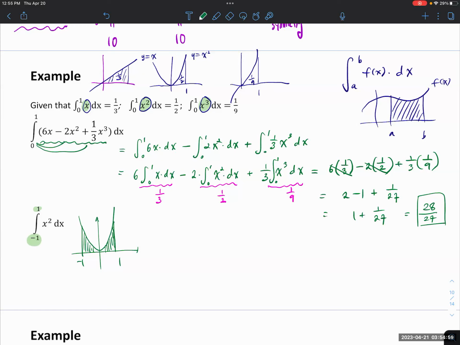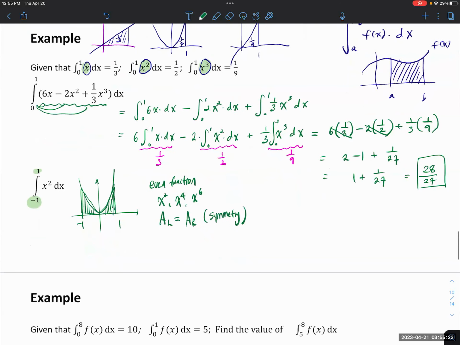So what does it mean? An even function has a characteristic such as x to the second, x to the 4, whatever the even power. The area on the left side and the area on the right side are going to be equal because it is symmetric.